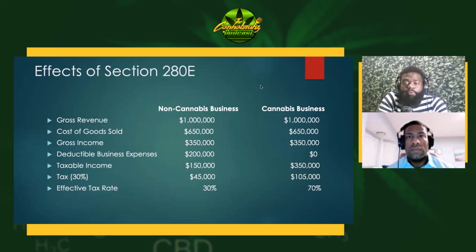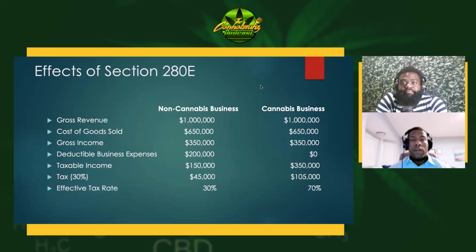We've covered Champs before, so be sure to check out the Champs game revealed. Because of Champs, the cannabis business is allowed those deductions of the cost of goods sold. Remember to go back to that if it doesn't quite stick, but the cost of goods sold were allowed to be deducted.